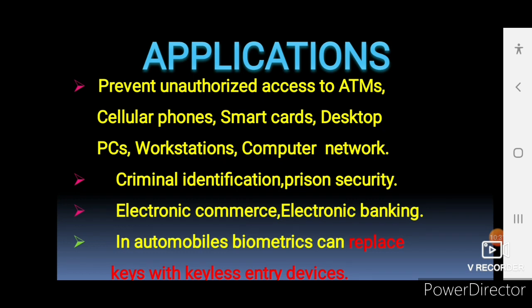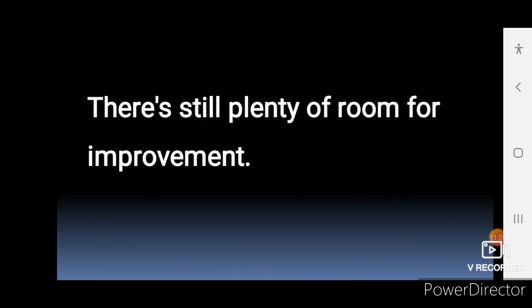In automobiles, with biometrics one can replace keystrokes with keyless entry devices. Airport security, voter cards, and civilian applications. These are a few applications, but despite lots of advances in the realm of biometric identification, it is clear that there is still plenty of room for improvement.